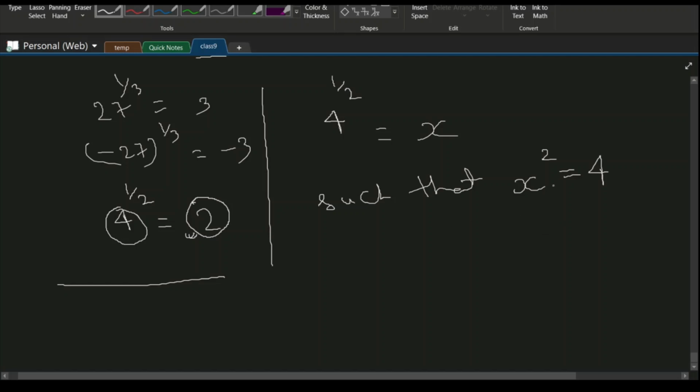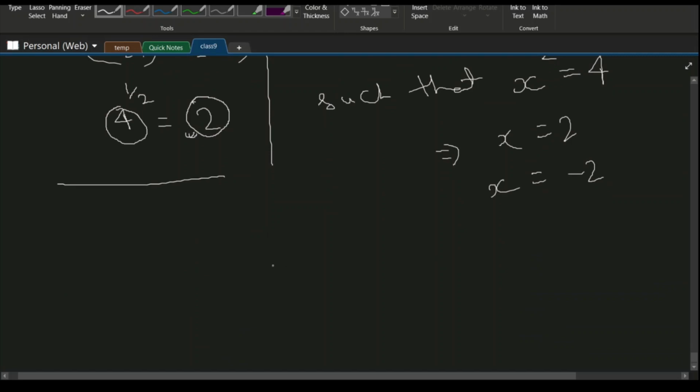If I don't put any restriction on the sign of x, how many options will I have for x? I have 2 options. I can say x equal to 2, because 2 square also gives me 4, and I can say x equal to minus 2 as well, because minus 2 square also gives me 4.